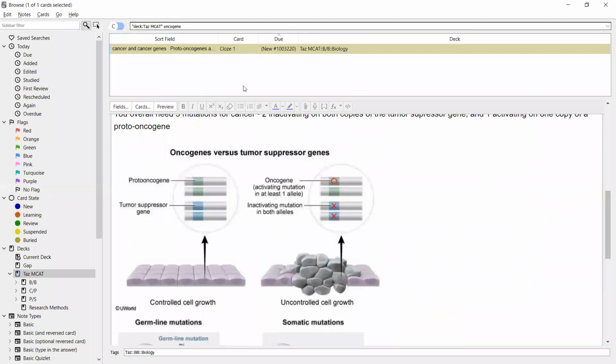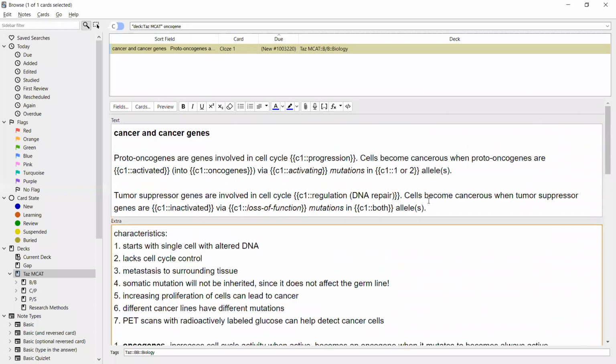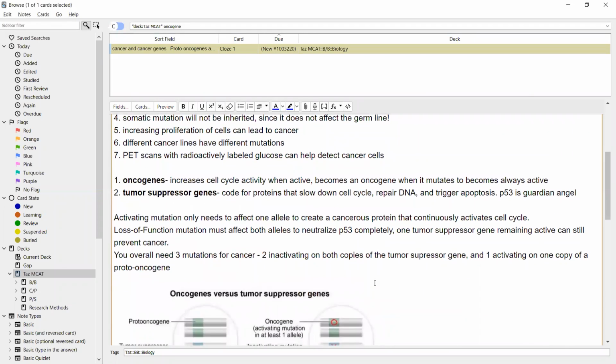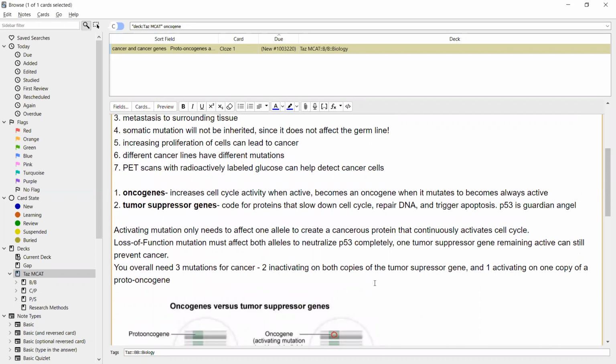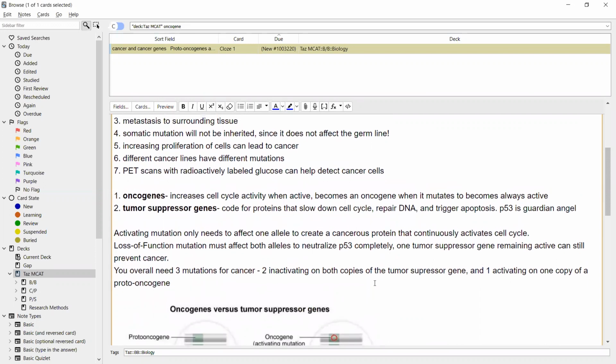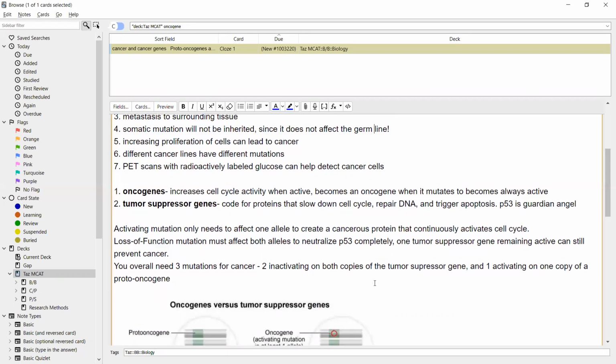This is pretty interesting. We have oncogenes, which are genes that are implicated in cancer, right?